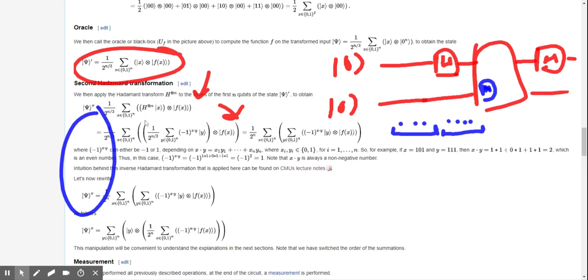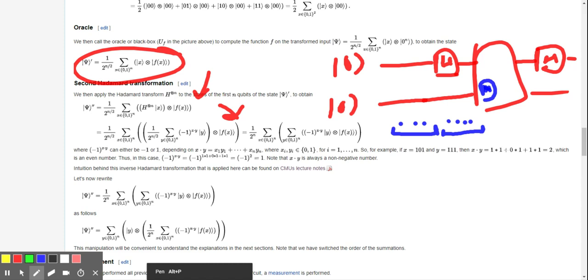What's happening here is that the next step is you apply another Hadamard transformation to your first register. So we apply Hadamard on the first register, sorry, and this is where the black box is happening, right?